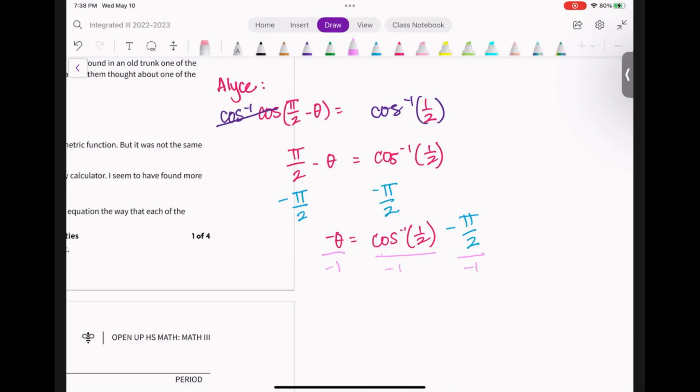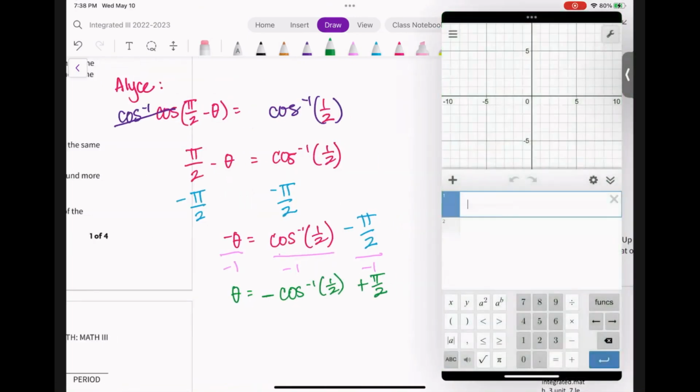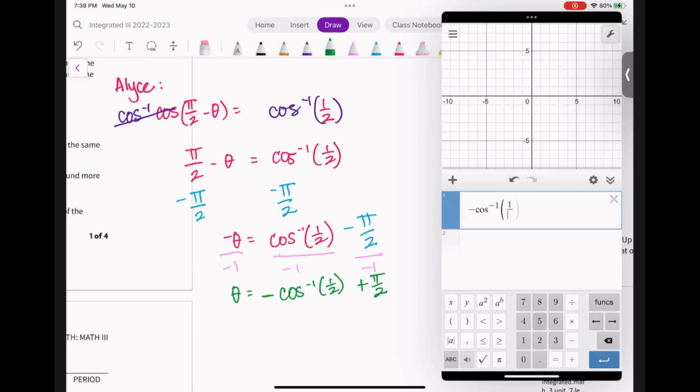Our final answer is theta equals negative cosine inverse of 1/2 plus pi over 2. I'm going to plug this into my calculator and see what I get. Actually, I'm not going to do plus pi over 2. I'm just going to leave it like that.